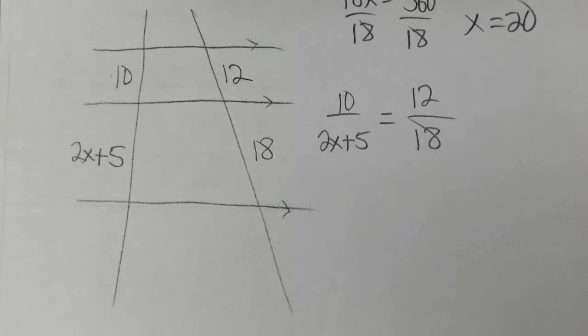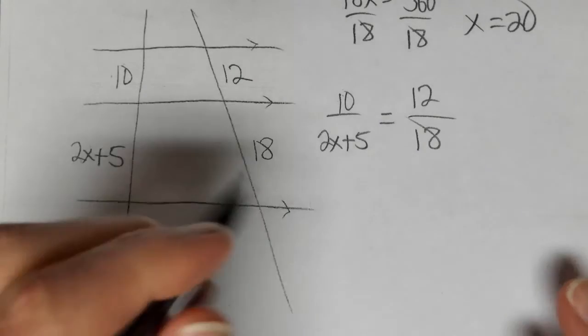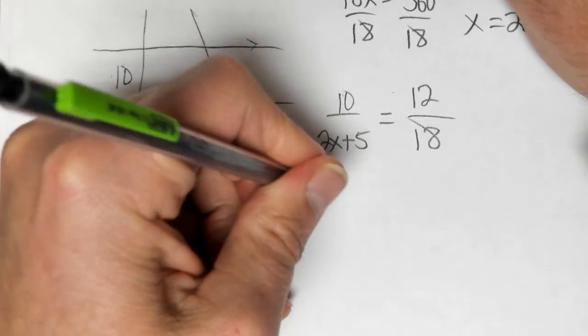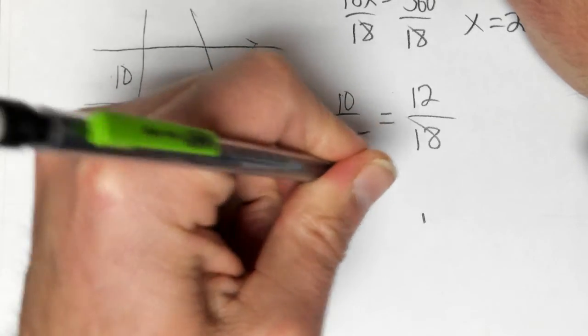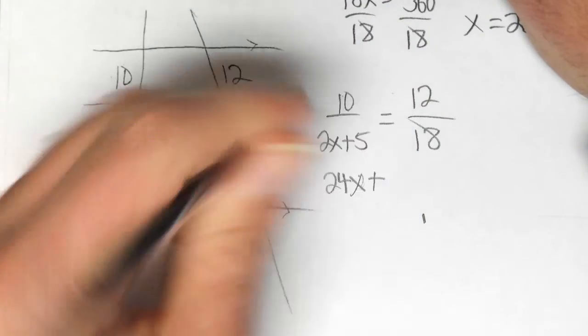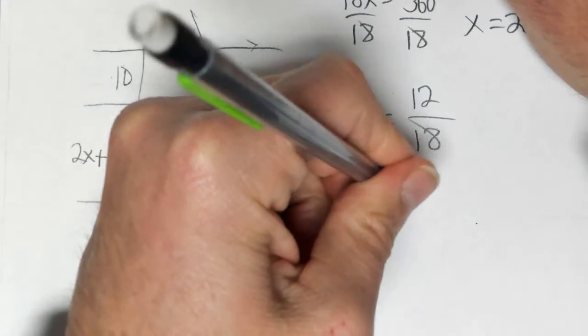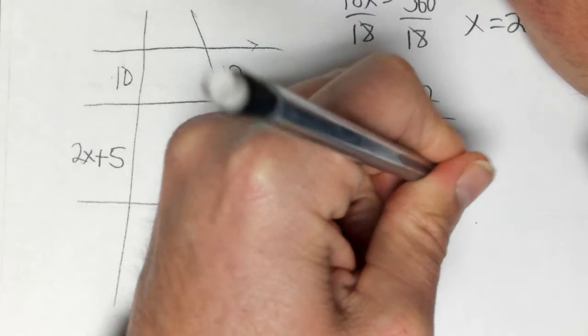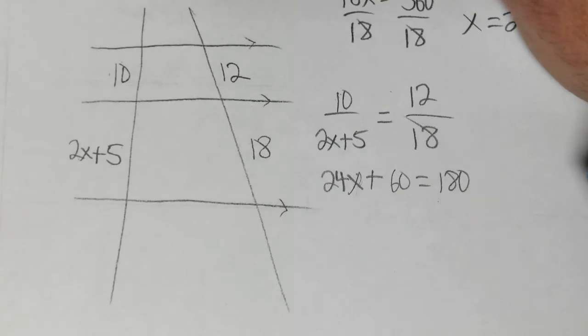Okay? So now from here, I can go ahead and do my cross product. 12 times 2x is going to be 24x. Plus 5 times 12 is going to be 60, equals 10 times 18 is 180. All right.